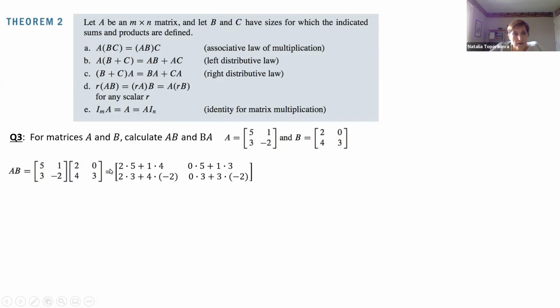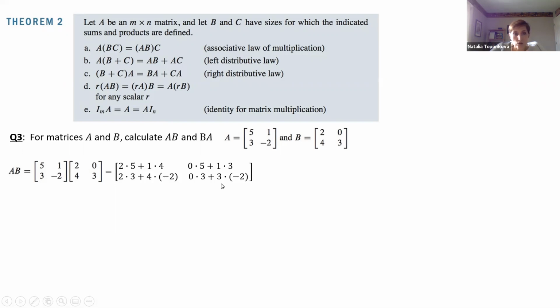To find the value at position 1,1 of our product matrix AB, we take the first element of the first row of matrix A and multiply it by the first element of the first column of matrix B, and then we take the second element of the first row of matrix A and multiply it by the second element of the first column of matrix B. So it's row and column multiplication.